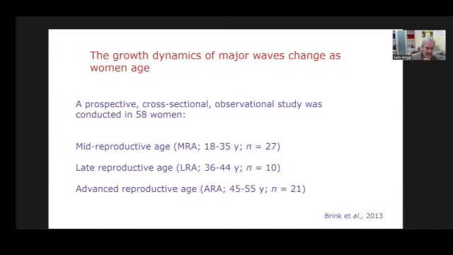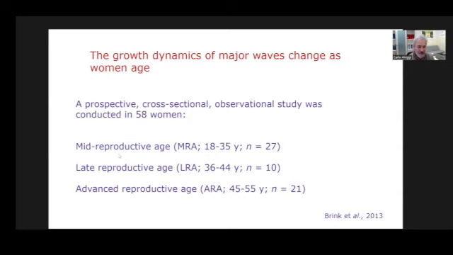Let me tell you something that I think is very important in your clinical practice. This is a nice study. We move to clinical information that has been performed by scanning, by ultrasonography, and patients had been studied at different stages in a prospective way. But what is important, patients were classified according to reproductive age.